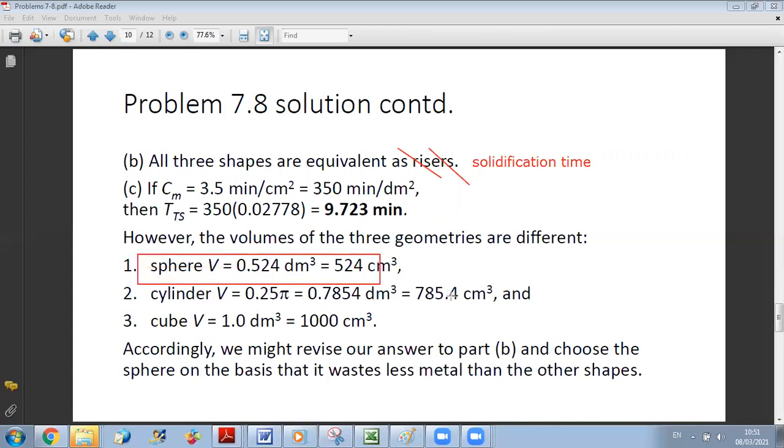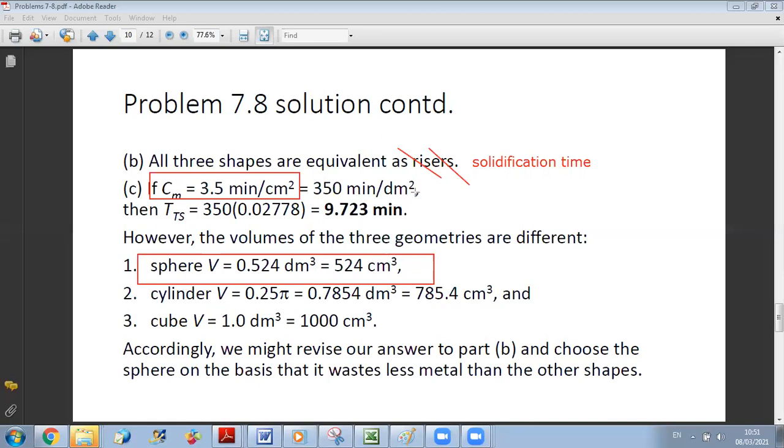Now concerning the calculation, they gave us the mold constant. If you want to calculate the solidification time, we should make sure to use good units. Since V over A is expressed in decimeter cube, then we should convert here from minute per centimeter square to minute per decimeter square.